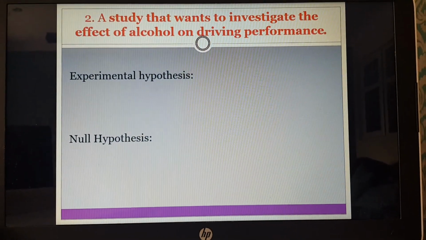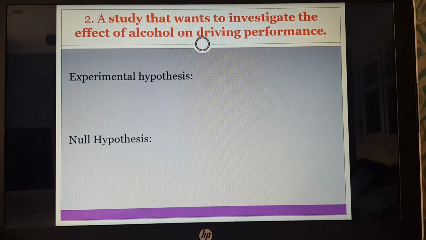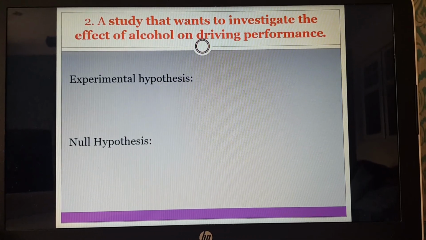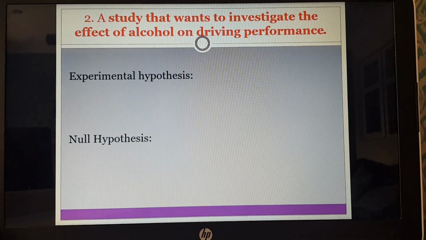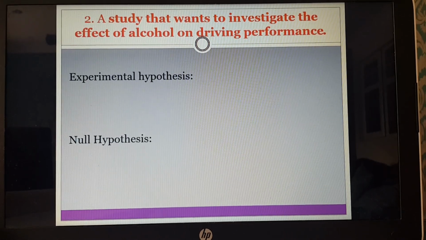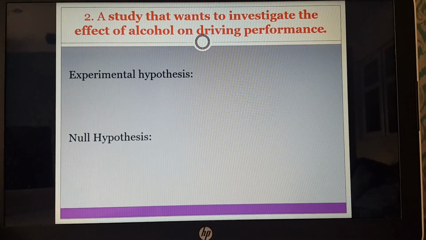What I want you to do at this point is pause and have a go at writing your own. A study wants to investigate the effect of alcohol on driving performance. Write an experimental hypothesis and also a null hypothesis. So pause and have a go.